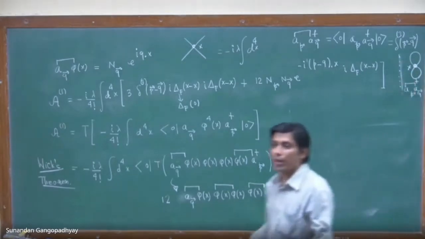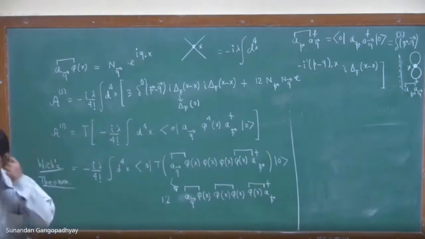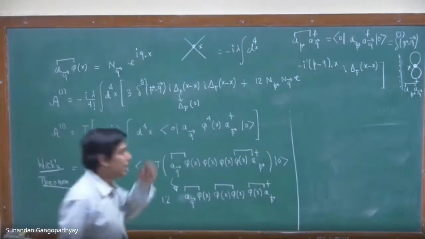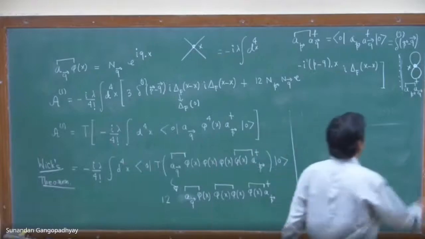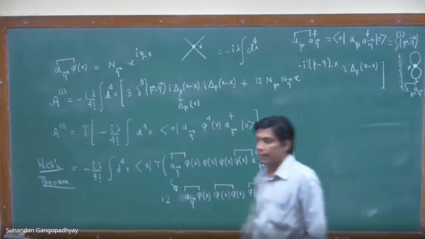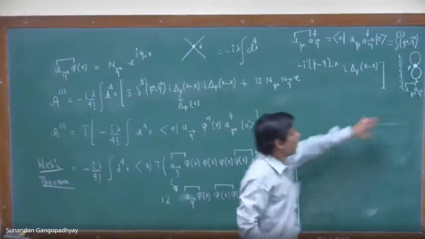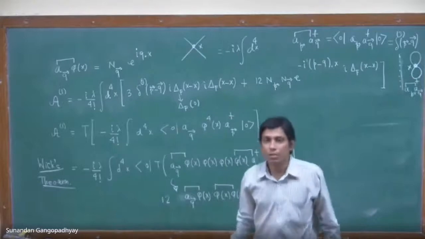It's just a pictorial way of understanding the thing. The particle is coming like this and it's going away. And this is compatible with the thing that I mentioned earlier to you.